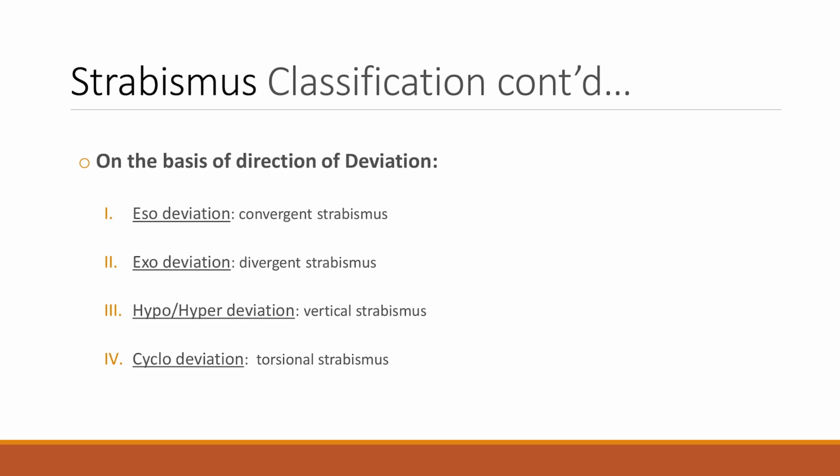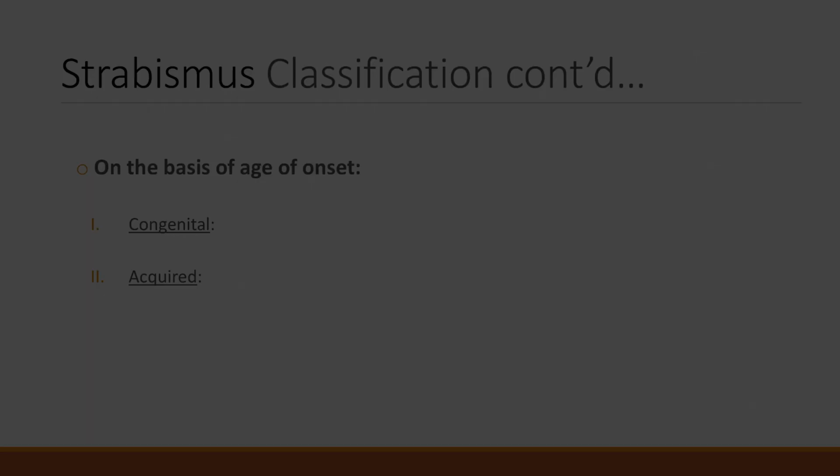And look for the cyclotorsion, whether the torsion is encyclotorsion or excyclotorsion. So encyclotorsion is the rotation of the globe toward the nasal side, while rotation of the globe toward the temporal side is defined as excyclotorsion.